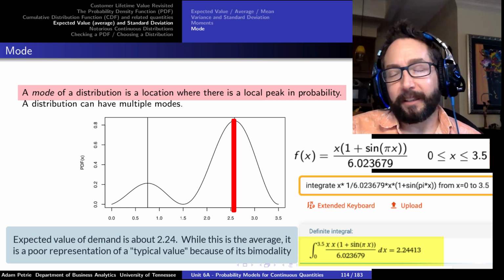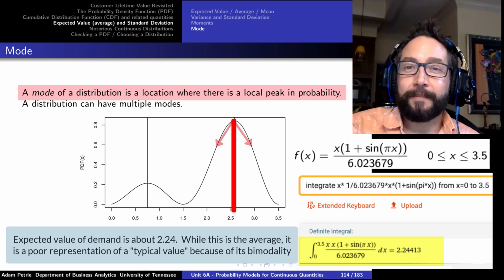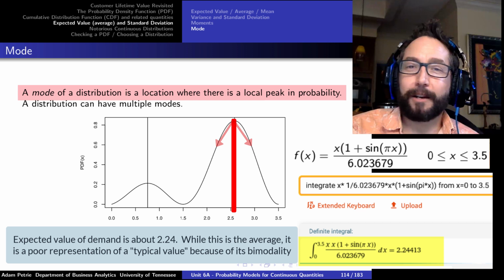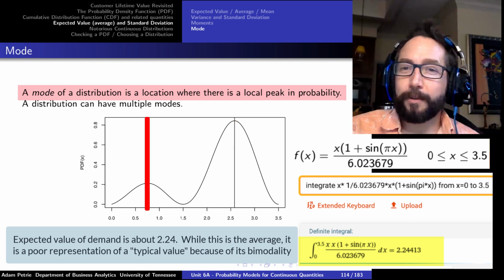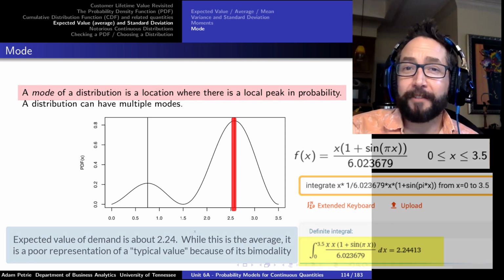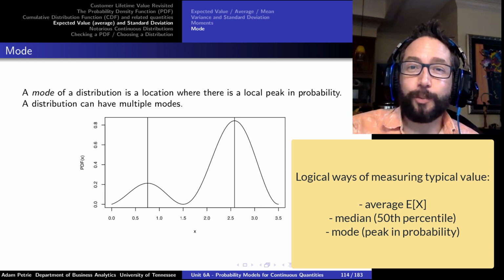So if I go a little bit to the left, a little bit to the right, higher, lower values, I don't have a higher probability. I have a mode in that distribution at that value of x. So that bimodal demand distribution has a mode right at about 0.75 and another mode right up a little bit above 2.6.